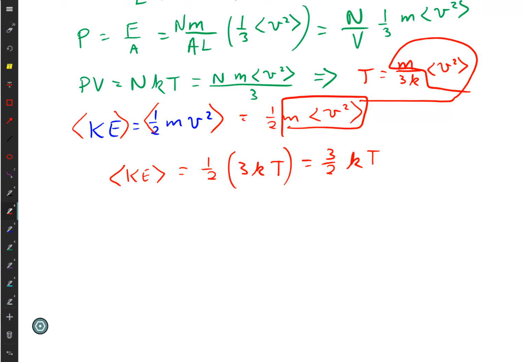This was the translational kinetic energy. If it's a diatomic ideal gas, it could have rotation, so it could have rotational kinetic energy. We didn't take that into account. So really, this derivation was only applicable to, as Ilara said, a monatomic ideal gas. So the average kinetic energy, the translational kinetic energy, is 3/2 kT.